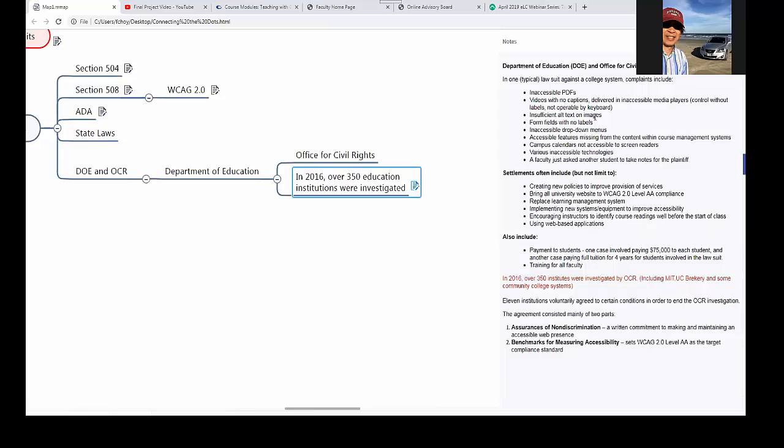Insufficient alt text on images. Form fields with no labels. Inaccessible drop-down menus. Accessible features missing from the content within the course management system. Or the campus calendar is not accessible to screen readers. Inaccessible technology. And the faculty just asked another student to take notes for the plaintiff.